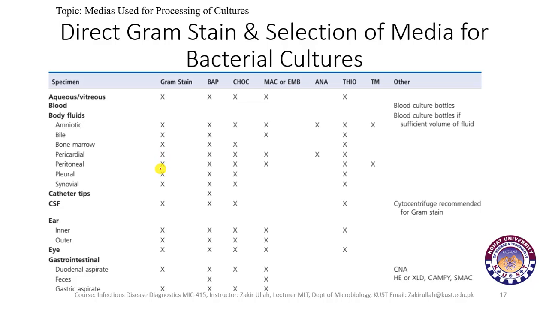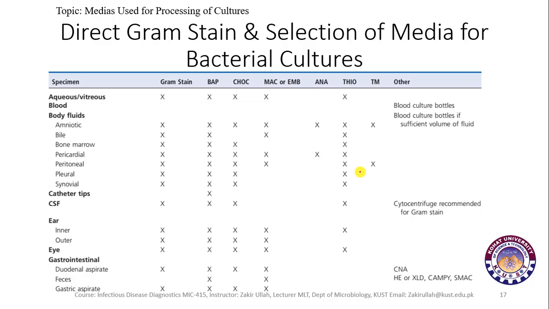Pericardial and peritoneal fluid are processed in almost the same way, but the pericardial fluid is sometimes cultured anaerobically because it may contain anaerobes. The pleural and synovial fluid are processed in the same way. Both are cultured on sheep blood agar and chocolate agar because these may contain fastidious organisms.